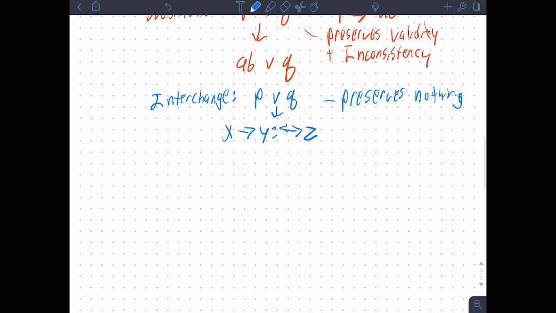But there's a special case of interchange known as interchange of equivalence.